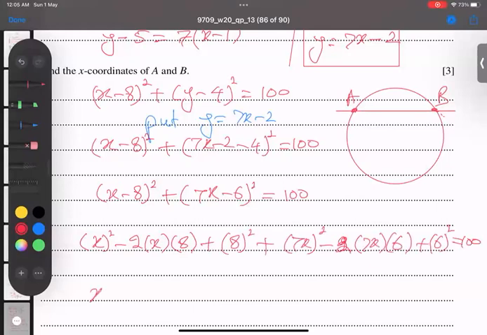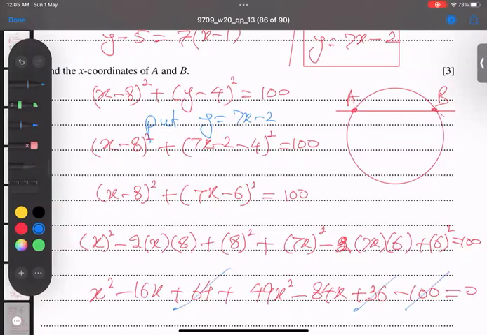So here I get x to power 2, here 16x, here 64, here 49x to power 2, and here 84x, and plus 36. And 100 comes to the left side. You know it very well, 64 and 36 make 100, they cancel out.